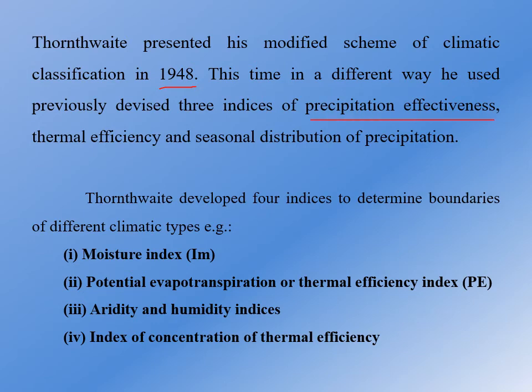And in the 1948 scheme, Thornthwaite developed four indices to determine the different boundaries of different climatic types. In this scheme, Thornthwaite used the moisture index, the potential evapotranspiration, which is also a function of the thermal efficiency, that is the temperature, the aridity or humidity indices, and lastly the index of concentration of thermal efficiency.